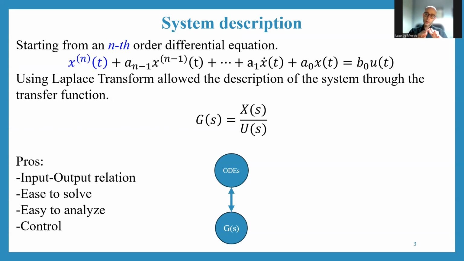Not only that, you can analyze the behavior of the system, like how fast it moves, if it goes to infinity, if it goes to zero, or if it performs an oscillation or not. You can do all of this analysis without solving the actual system. And you can also define control designs and control techniques using the transfer function. So the idea is to get rid of the differential equation and just use the transfer function of the system.